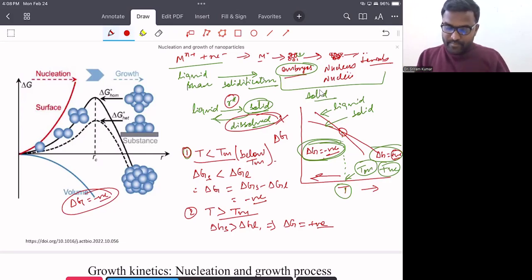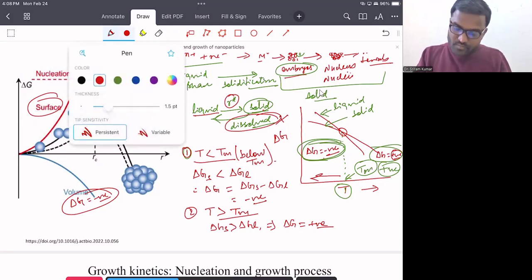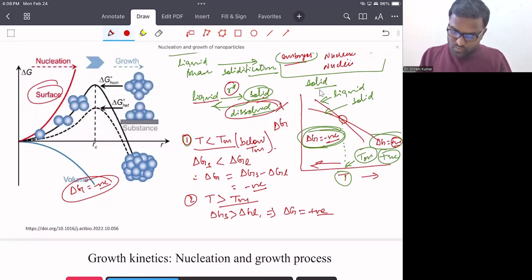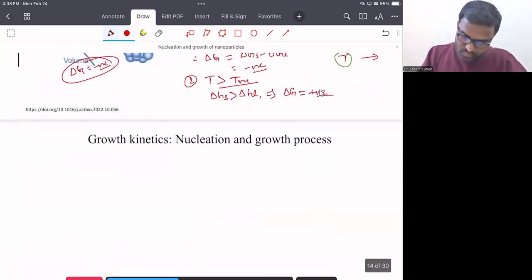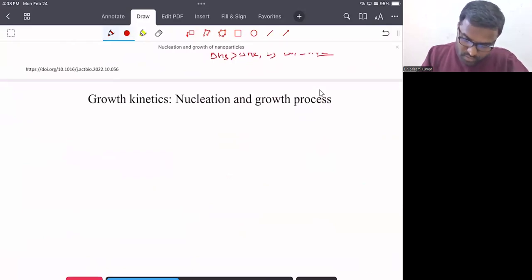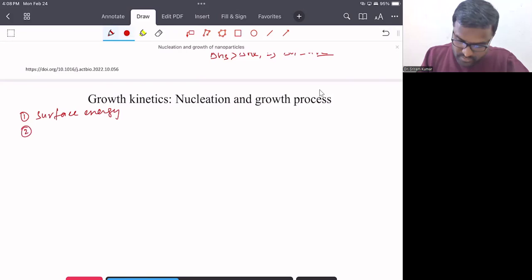However, the second parameter is the surface energy. If we have solid material forming from the liquid, what happens? We have a different kind of energy change, and that is the surface energy change. So we have those two key parameters: one is the surface energy, and the second is the Gibbs free energy.